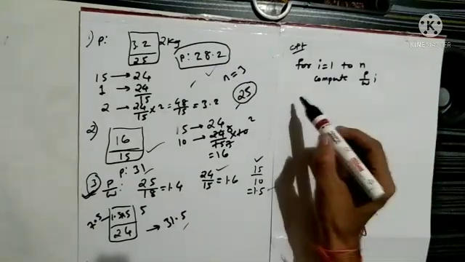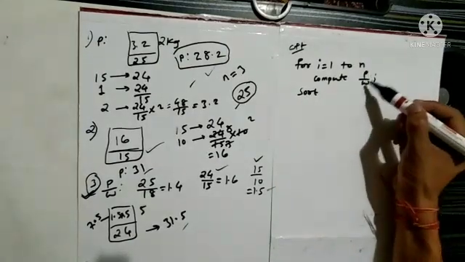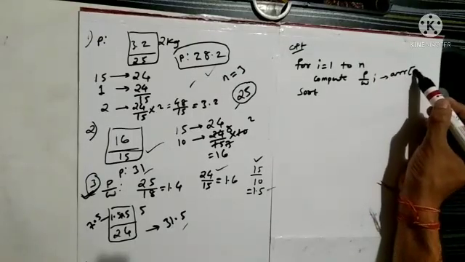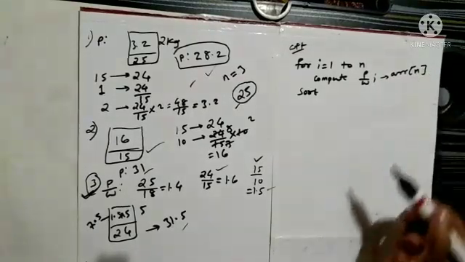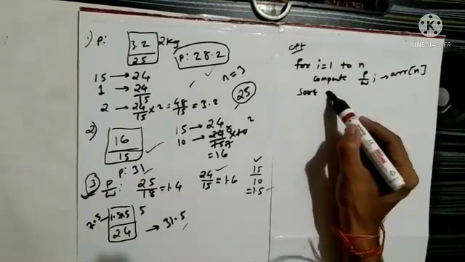After that you have to sort this. Say you are computing the P by W ratio and maintaining it in an array of size n. Now you have to sort this array.